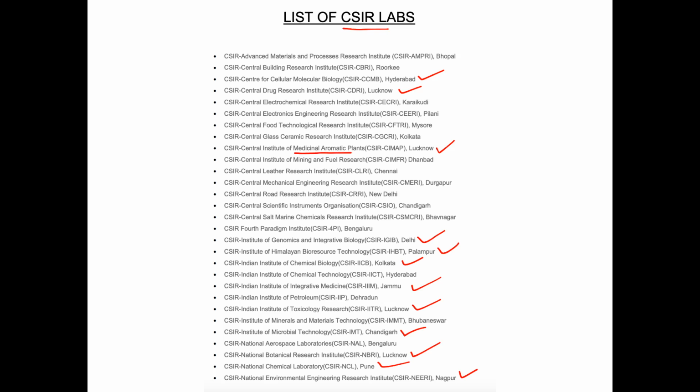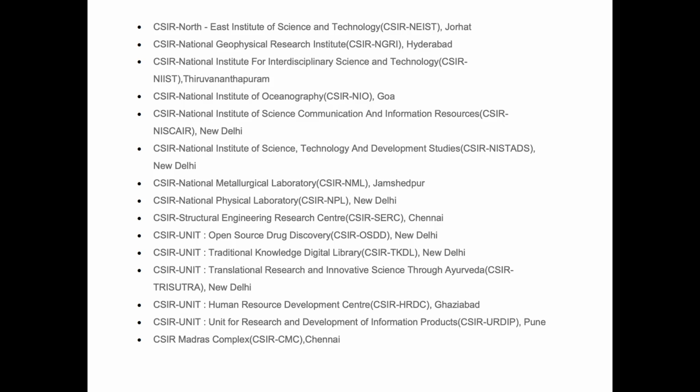So depending on your interest, you can apply to different autonomous institutions. These institutions have tie-ups, or collaborations, with different universities. So all the research work during your PhD will be in these institutes, and you will get the degree from the particular university they are collaborating with, right?